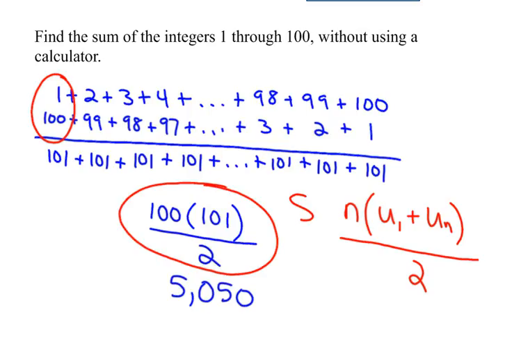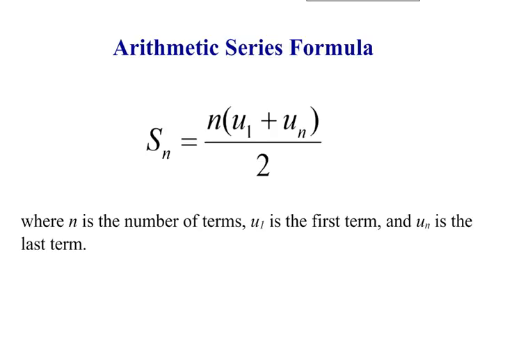This gave us the sum that we wanted to come up with, or in a sense, the series S sub n. So we now have a new arithmetic series formula for finding a partial sum S sub n, where n is the number of terms, u sub 1 is the first term, and u sub n is the last term.